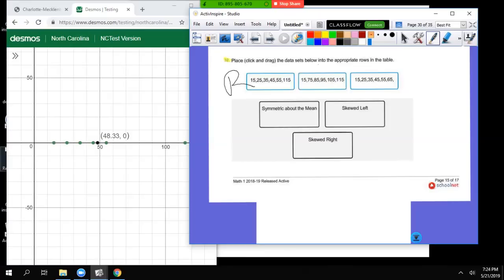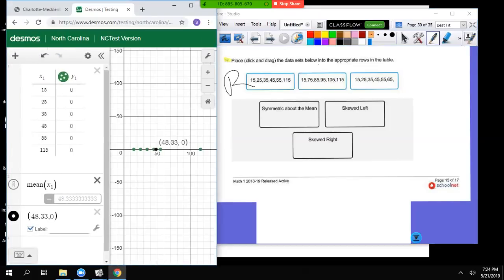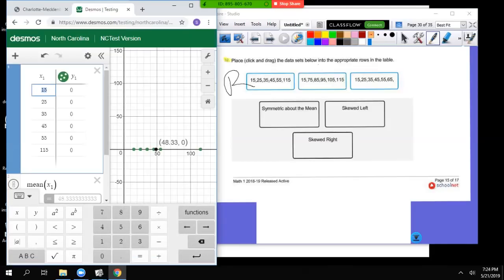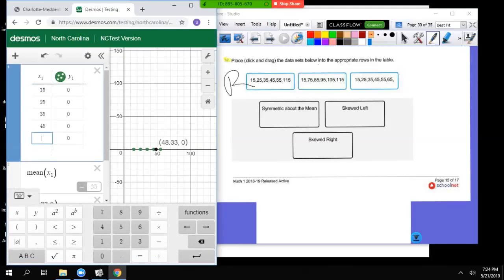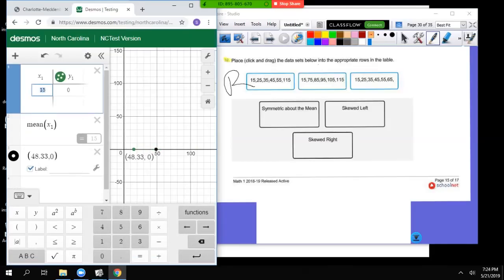We're gonna do the same thing for the other set of data and just see what we come up with. So I'm going to erase all the data and reset it, okay?